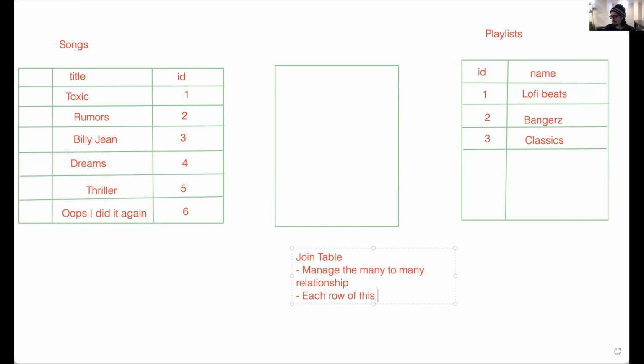Each row of this table is the connection between records from the, I'll say the quote, many tables. So if I'm using this example, each row of our join table is the connection between a playlist and a song.